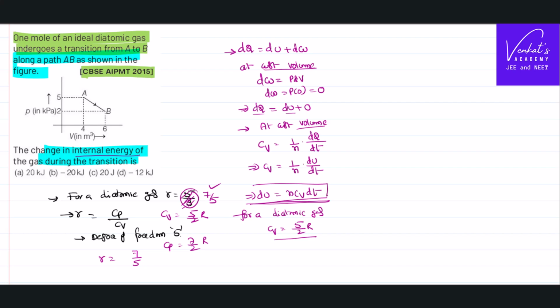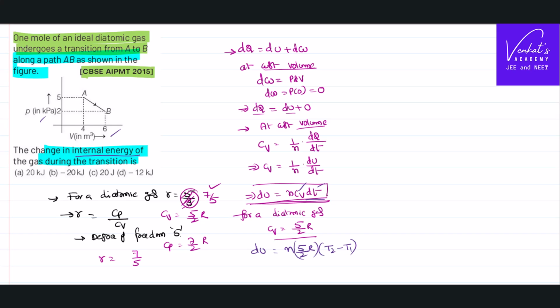Now, once you know this is Cv, I can write further du, change in internal energy, as n times Cv, that is 5/2 R, times dt, which means T2 minus T1, change in temperature. But change in temperature is not given for you in the problem. Rather, values of pressure and volume are given for you.